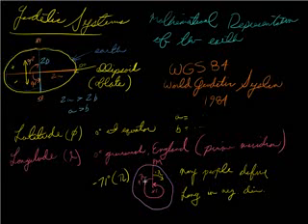And if I define that positively, that would be 360 minus 71, which would be 289 degrees. Positive would be 289 degrees. So these two would be the same position longitudinally on the Earth. These two would be equal.